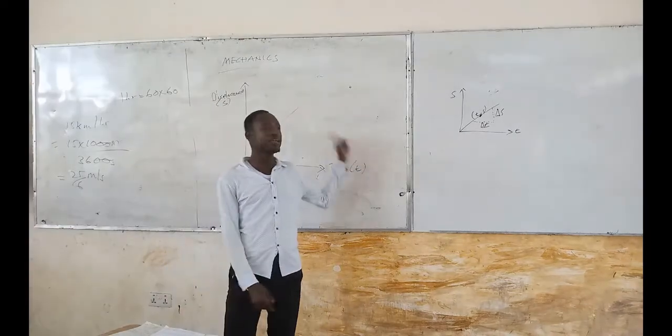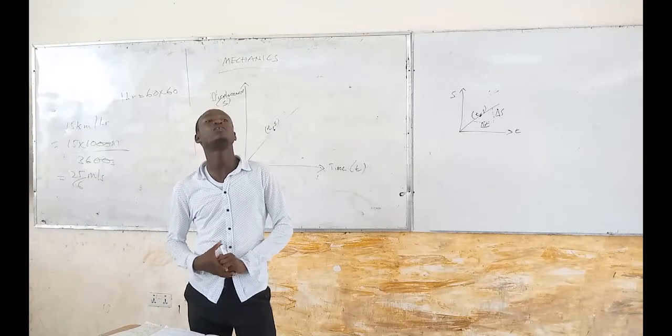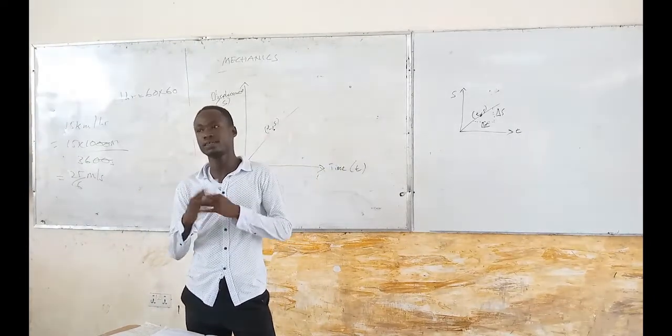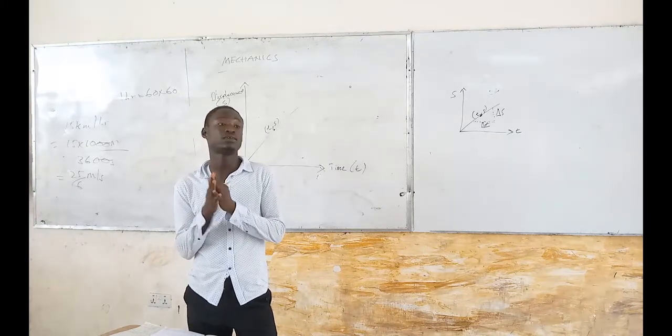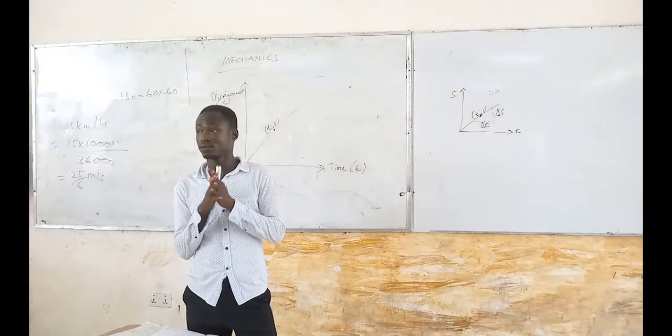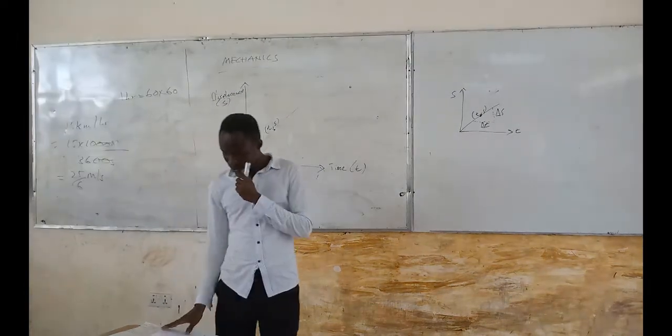Over here, the gradient means change in S over change in T, and that's velocity.